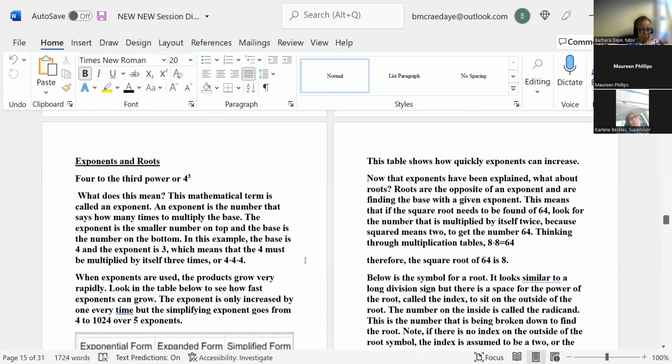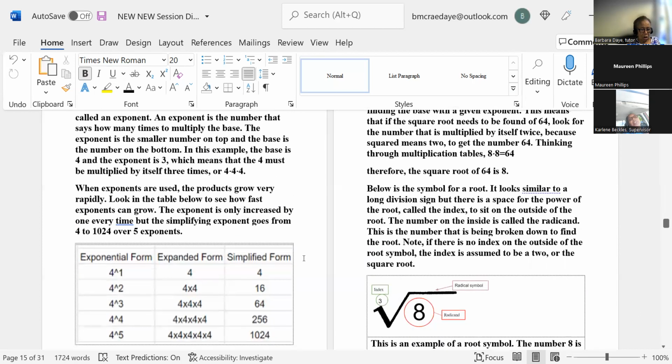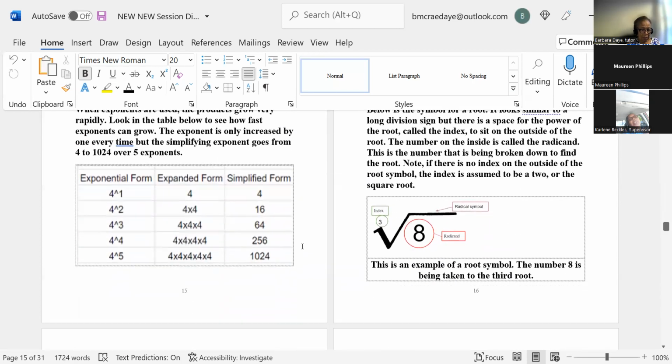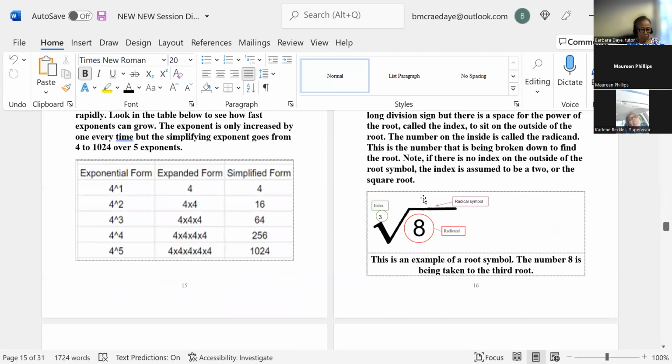Now, you can also have what we call radicals, and we've looked at radicals. They look something like a division sign, and within the sign for the radical we have what we call the radicand. Here in the elbow of the radical symbol, we have what we call the index, and when you don't see anything there, it's a 2. The 2 is the default.